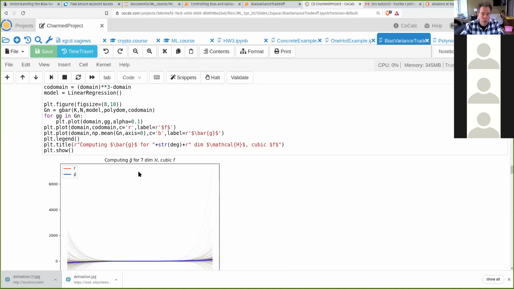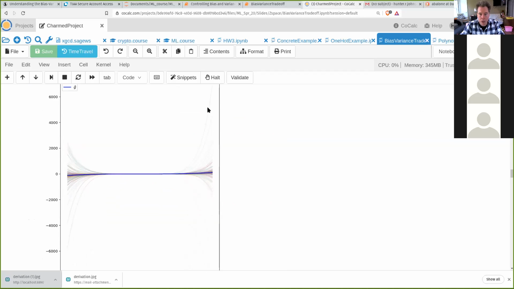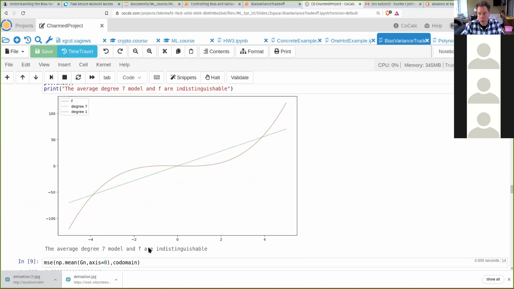And so now I do degree 7, and it produces kind of a crazy picture because these things are going off really high. So now the red curve is there. What we would see if we could look at this, actually I made a picture of it down here. What you notice is there's this cubic curve here. That is F, and it's also G bar for degree 7. So G bar for degree 7 is actually indistinguishable from the target.